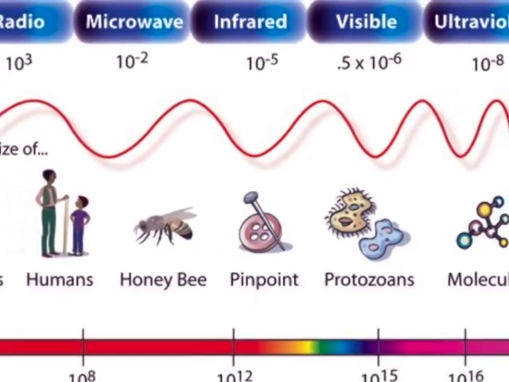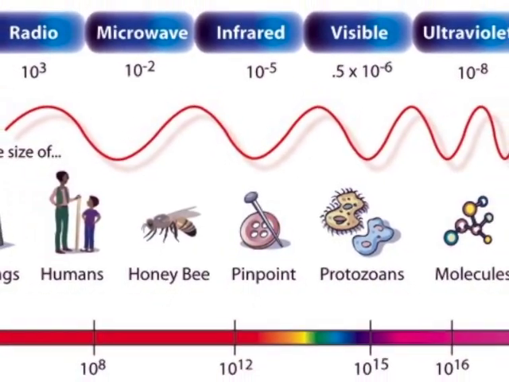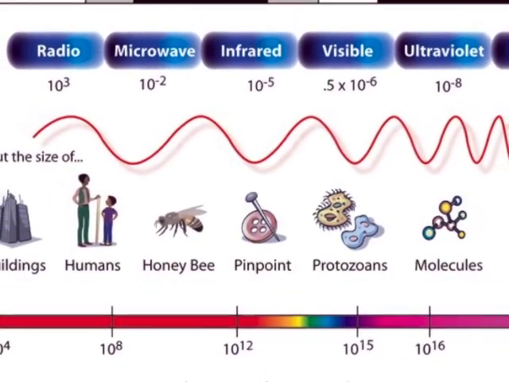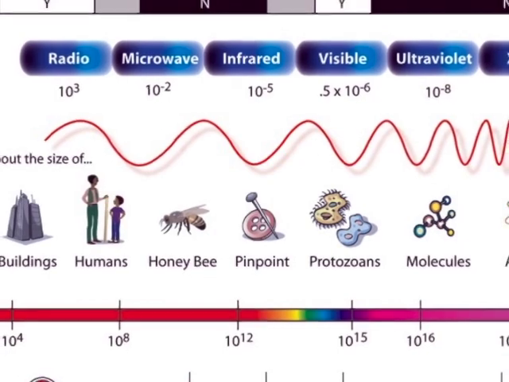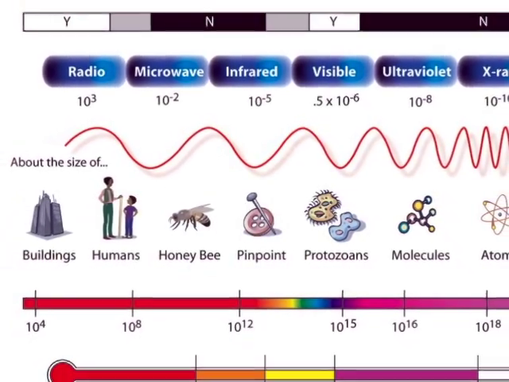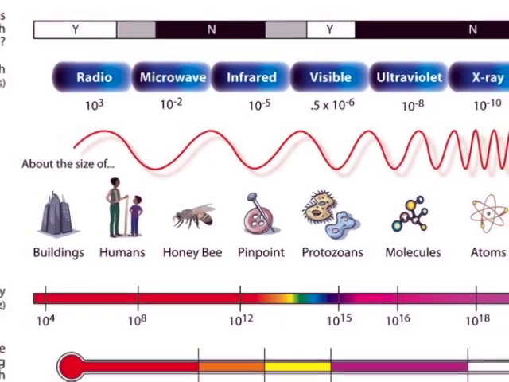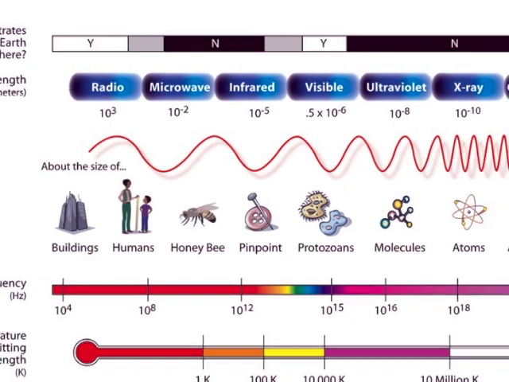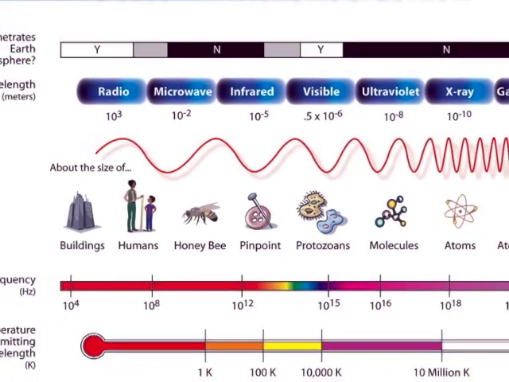It goes first radio waves, second microwaves, third infrared, fourth visible light, fifth ultraviolet, sixth X-rays, and seventh gamma rays. That basically means that radio waves have the lowest energy, which means that they have a very long wavelength.